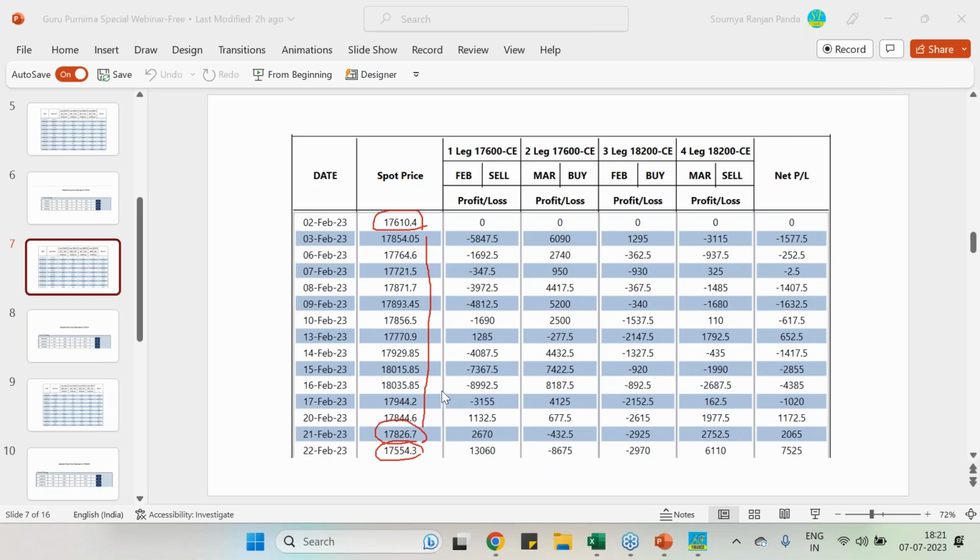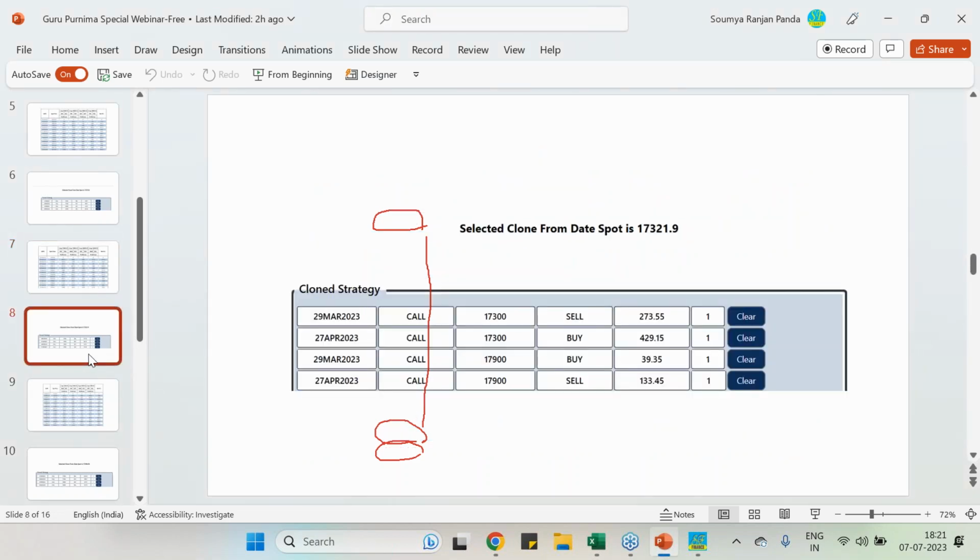So we are making some losses. But what happened? In the final 2 days of February, we again came back to 17,800, 17,500. We made the money at 17,800, or you can say 900, the final few days. So whenever a consolidation happens, we are making the money. Now we can go for March.